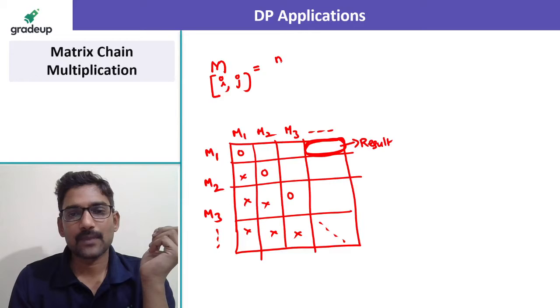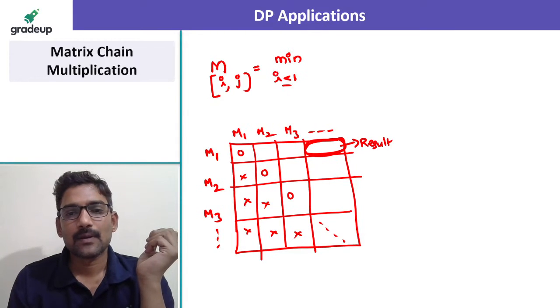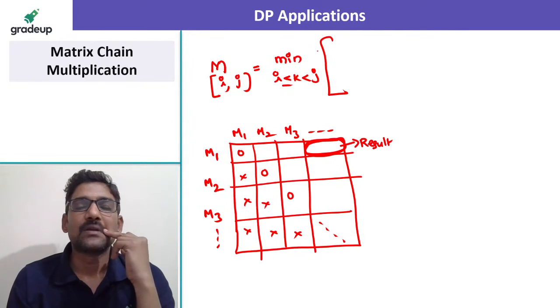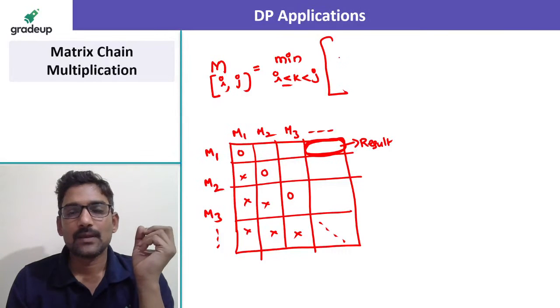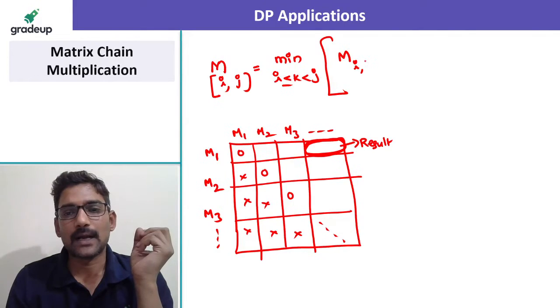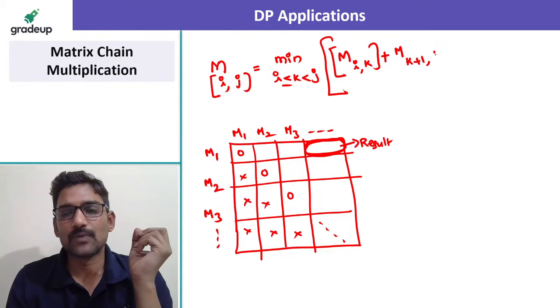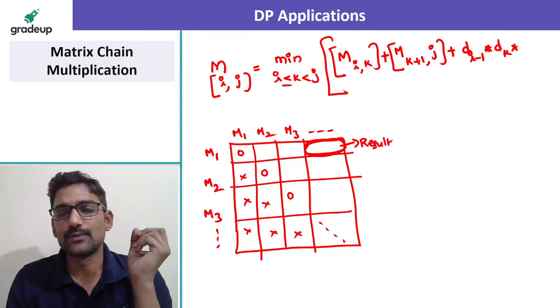It says minimum of the number of multiplications required for i to k, plus k plus 1 to j, plus d(i minus 1) into d(k) into d(j).